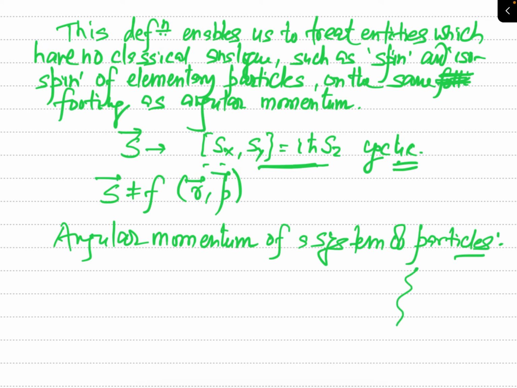Now let us consider there is a system containing a large number of non-interacting particles. Remember, these particles do not interact with one another. So this is just a non-interacting system consisting of a large number of particles. We simply consider that the number of particles in this system is n. So n is the number of particles in this system, and the particles do not interact with one another.